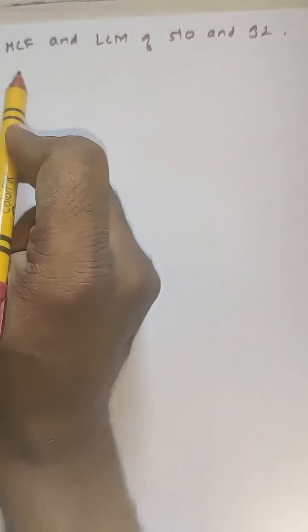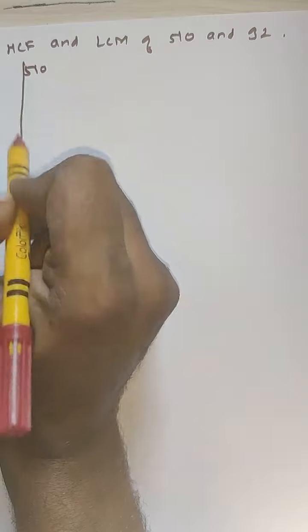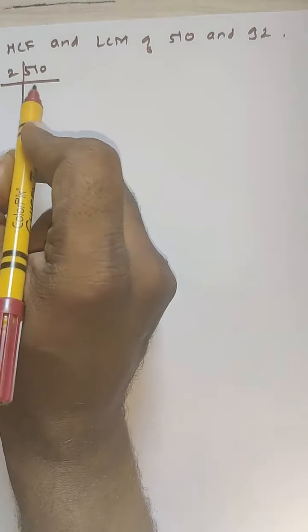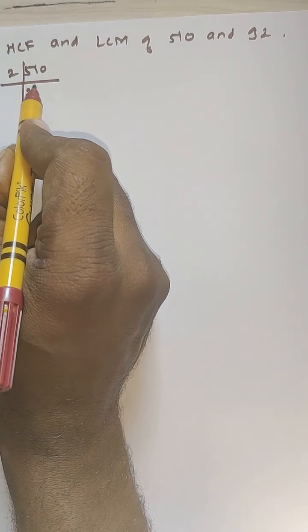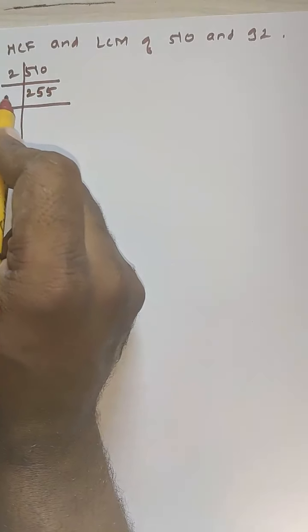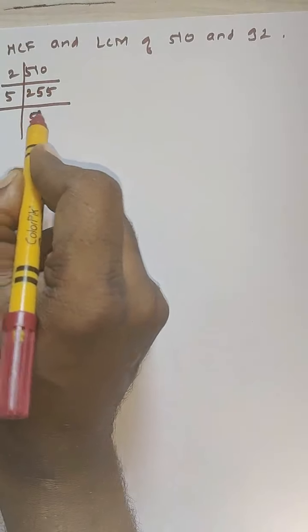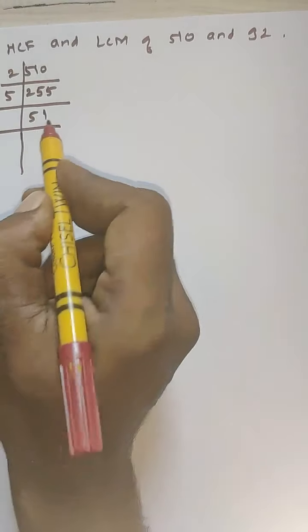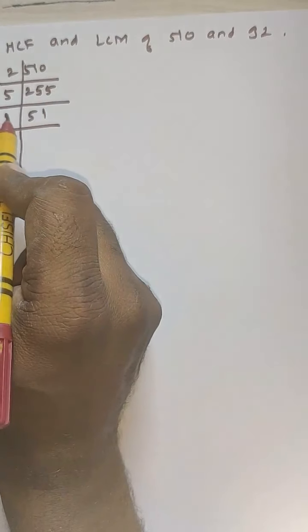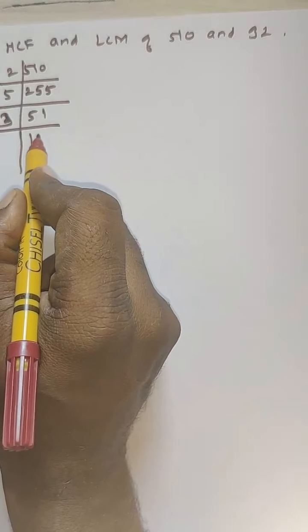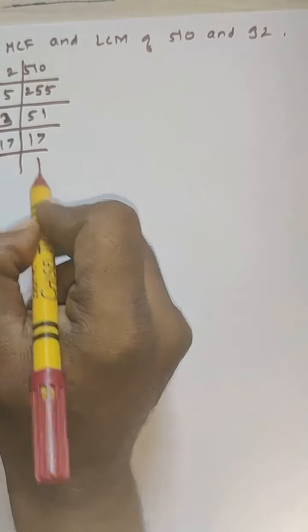So first we will find the prime factors of 510. 510 by 2 it will go, 2 fives are 10, 2 twos are... then by 5 it will go, 5 ones are 5, by 3 it will go, 3 ones are 3, 3 sevens are 21 and 17 ones are 17.